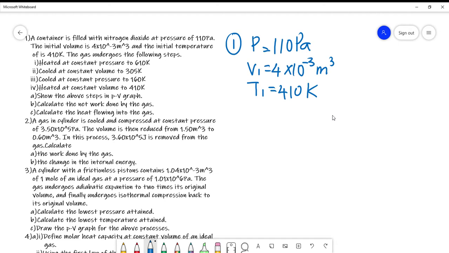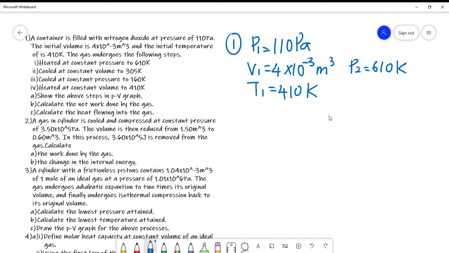First, heated at constant pressure to 610 Kelvin. So this one is P1, and I know that my T2 is actually 610 Kelvin.